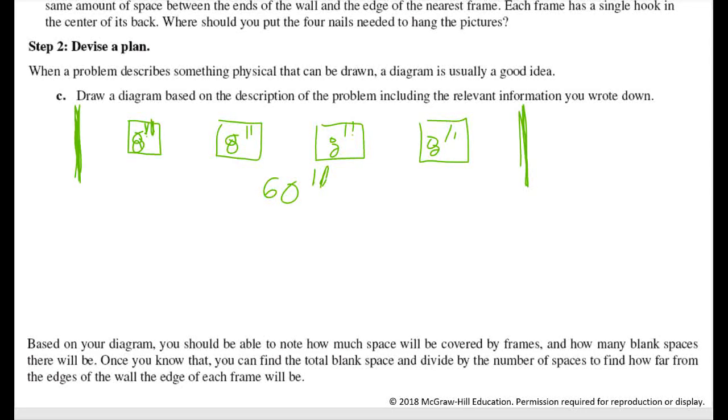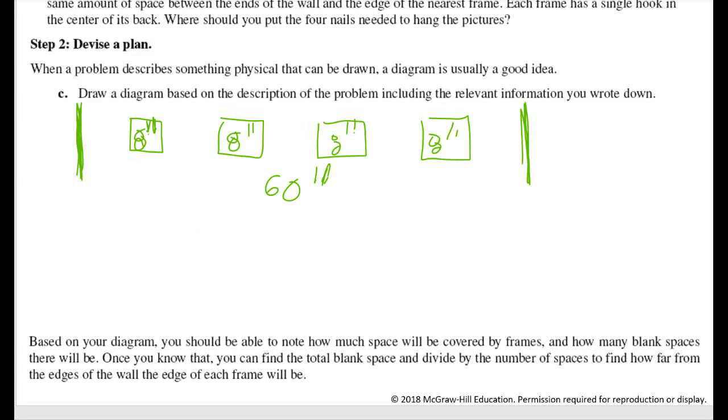So 4 times 8 inches is going to be covered by picture frames. If I want the total space in between the frames, 4 times 8, 2 times 8 is 16, 2 times 16 is 32, 60 minus 32 is 28. So there's a total of 28 inches in between the pictures and the walls.